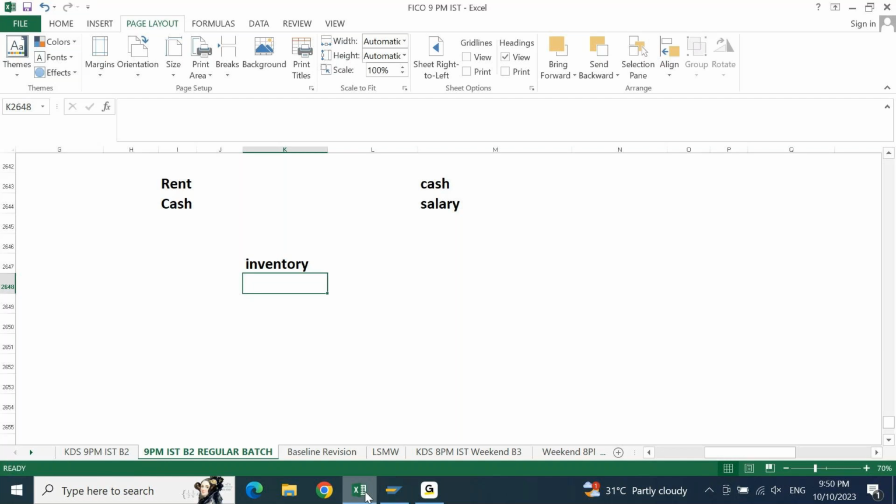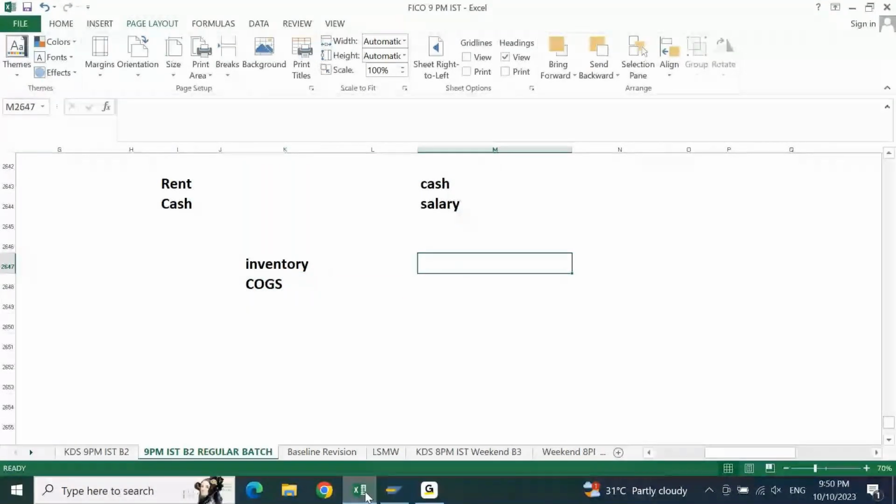If you're delivering to somebody, or issuing the goods, what will be the offsetting for your inventory? When you're delivering, not when you're receiving: COGS, cost of goods sold. Now here COGS is becoming offsetting.